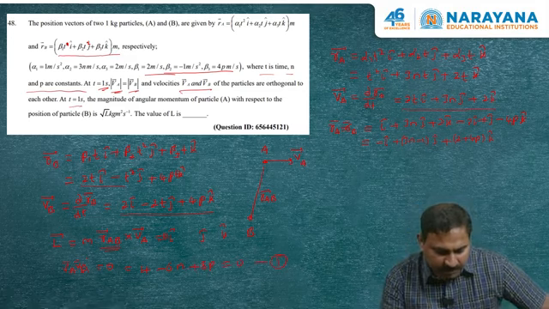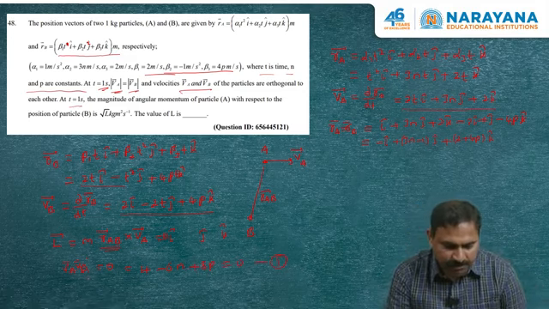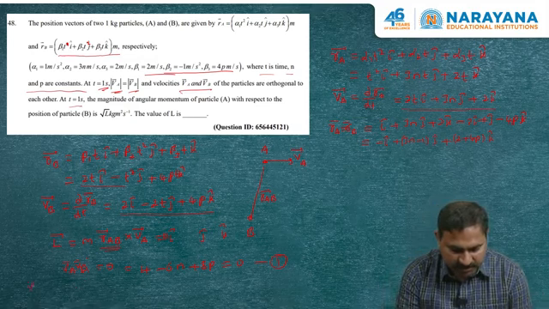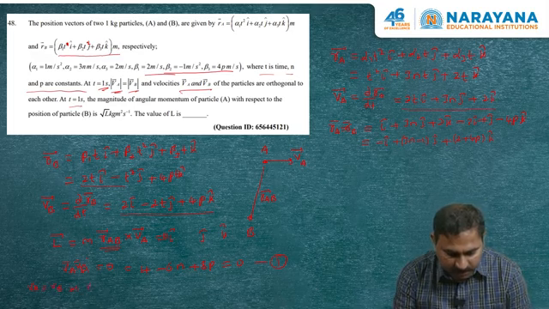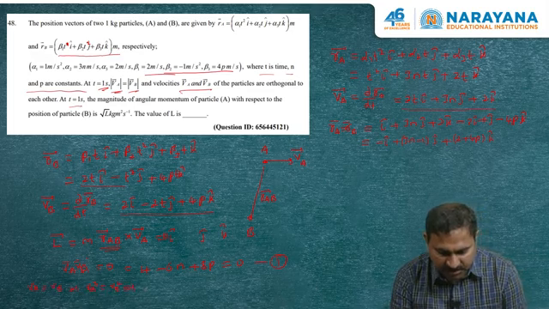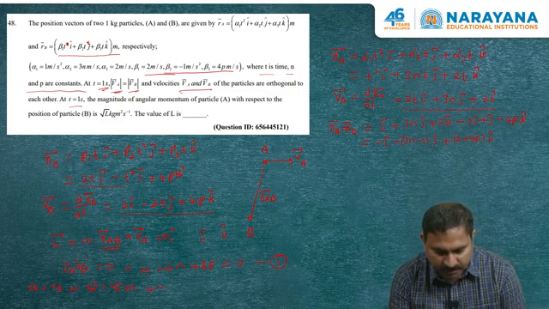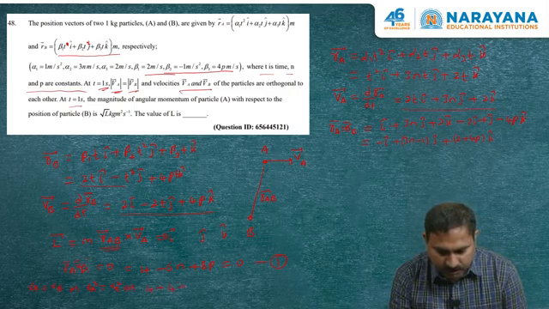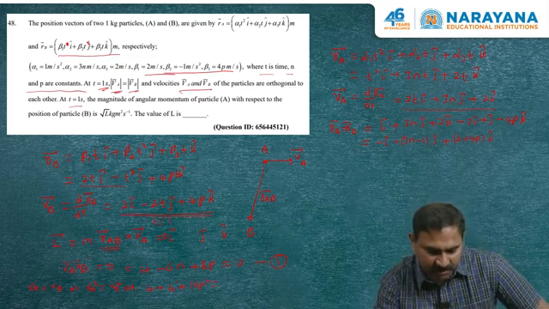Here again we need to use the magnitudes of velocities also equal. It is given that Va equal to Vb, which is giving Va square equal to Vb square, also I can use. So it is giving 4 plus 16p square, this is from Vb square at t equal to 1 second.